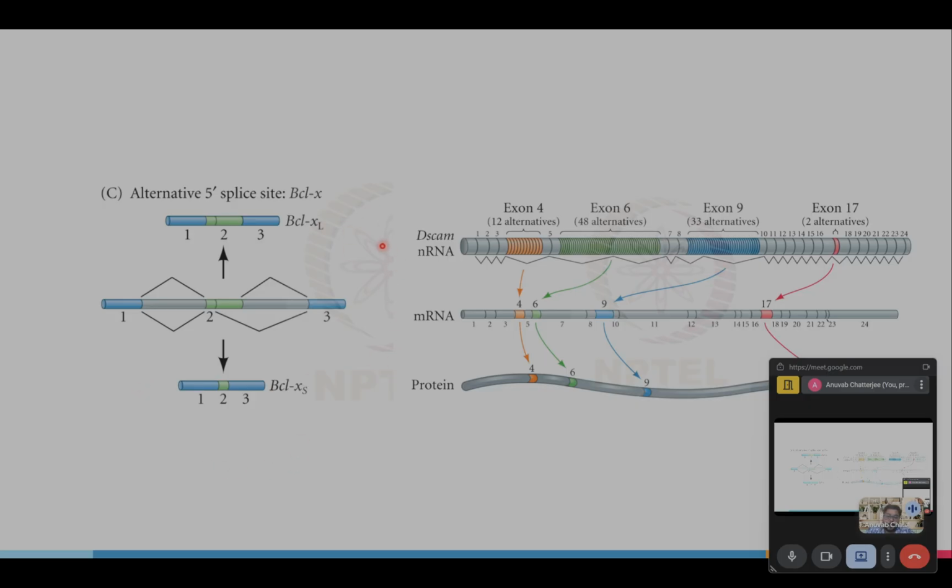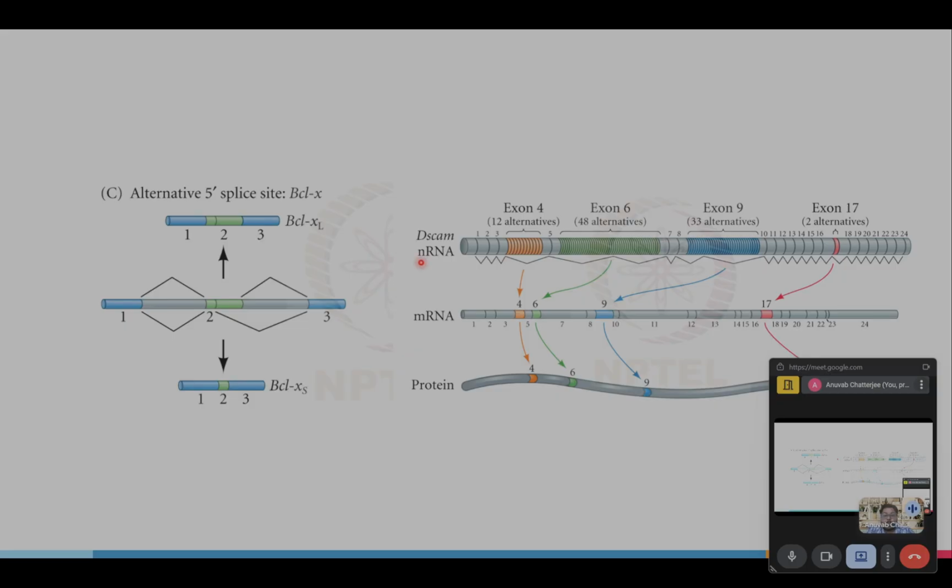And this is really important because one of these is pro-apoptotic, or makes sure that the cell undergoes apoptosis or programmed cell death, and the other one actually inhibits apoptosis. So just alternate splicing can cause two different variants of the protein which have completely different functions and arise from the same genomic sequence.